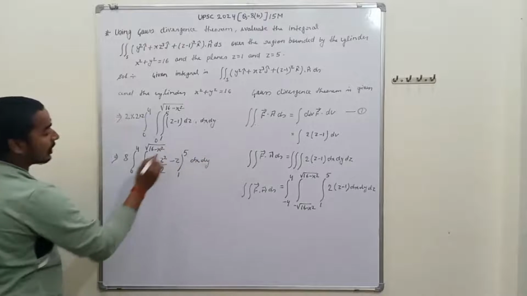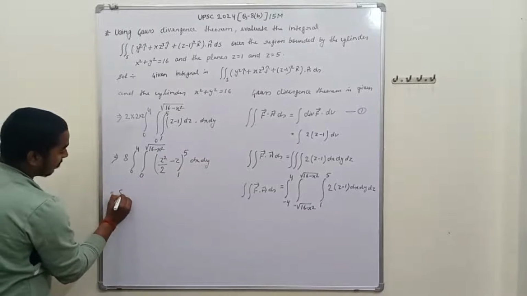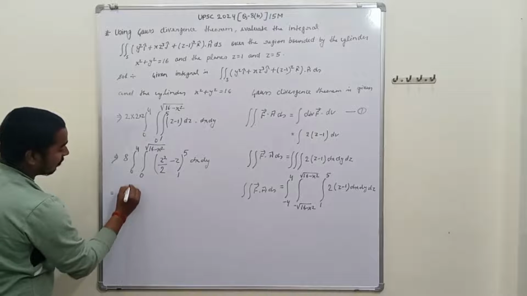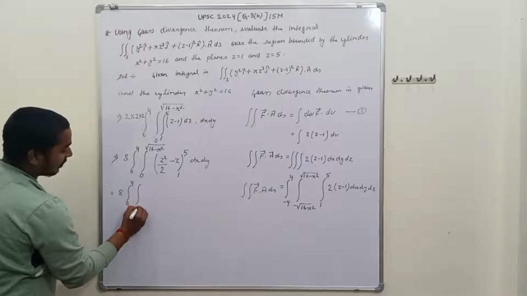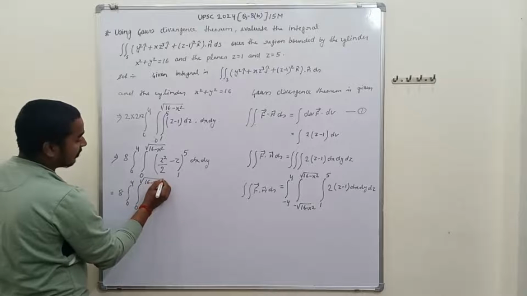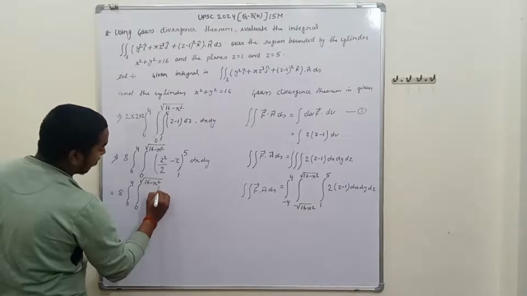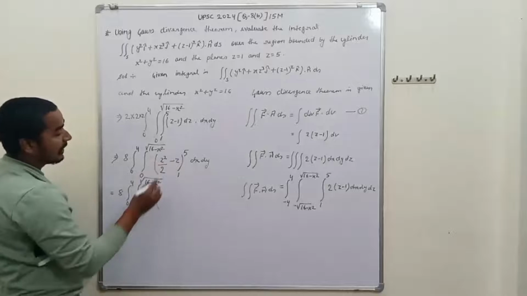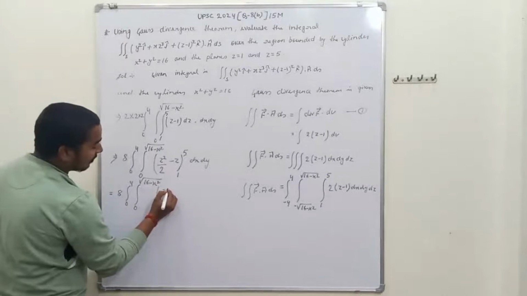First we put the upper limit: 8 times the integral from 0 to 4 and the integral from 0 to 16 minus x square, and in place of z we put 5, that is 25.